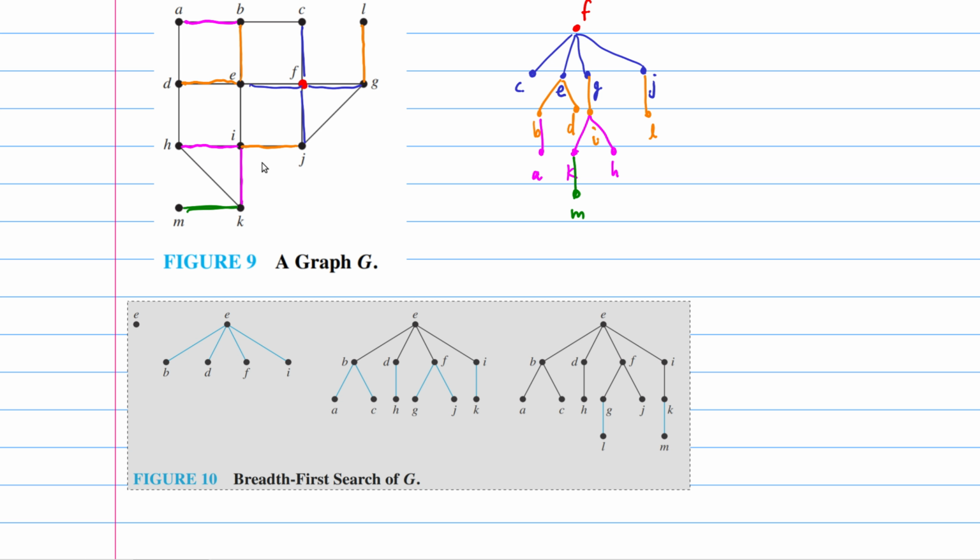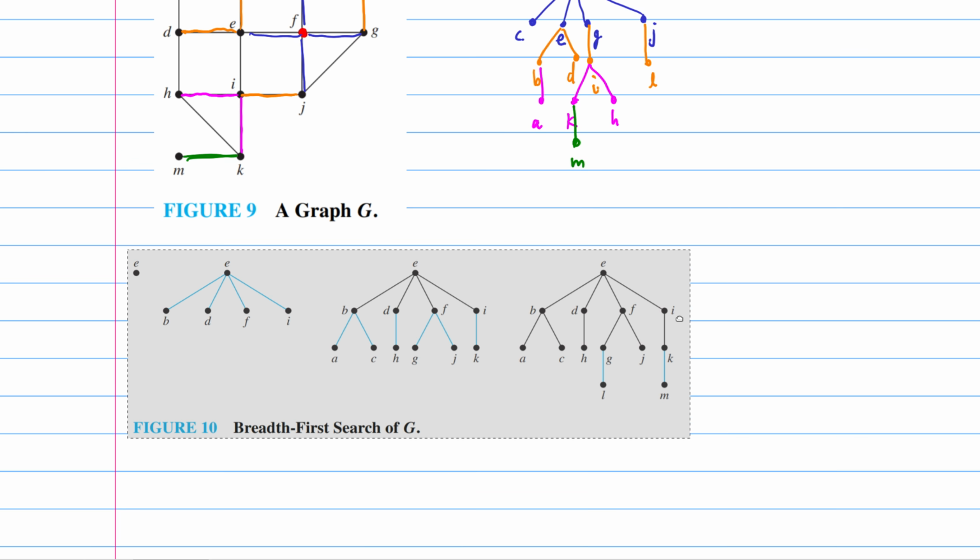So from B, you can take care of A and C. And then D only leaves H. From F, you can take care of G and J, because C's already been taken care of. From I, you can get down to K. And then from there, there are only these 2 hangers on, M and L. And M and L have to get attached to G and K, respectively.